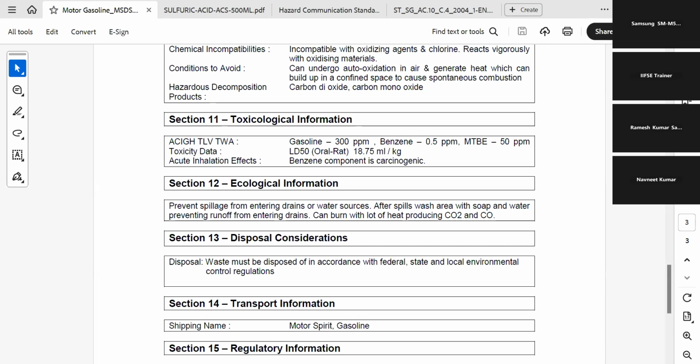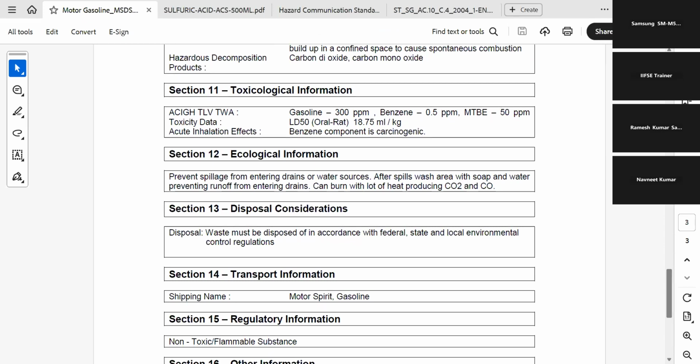So for 1 kilogram of rat, if you inject 18.75 ml of this gasoline or petrol into, for example, 10 animals, there is a 50% chance of death. That is LD50. LD means lethal dose 50, which means 50% of the population will become fatal.